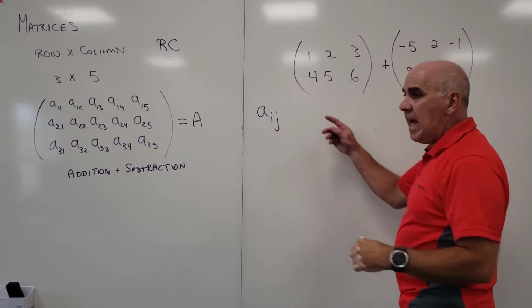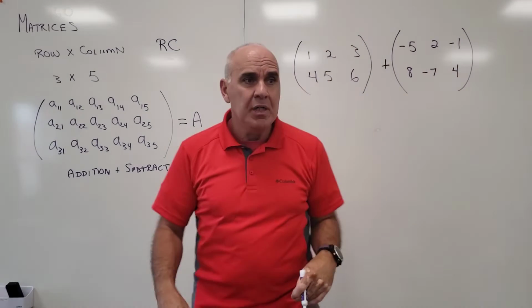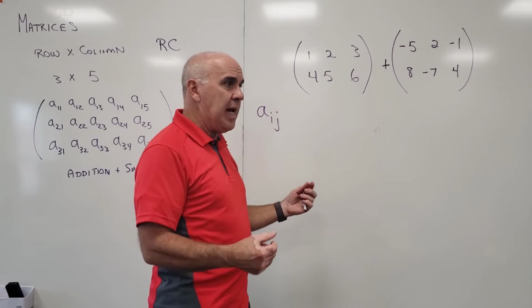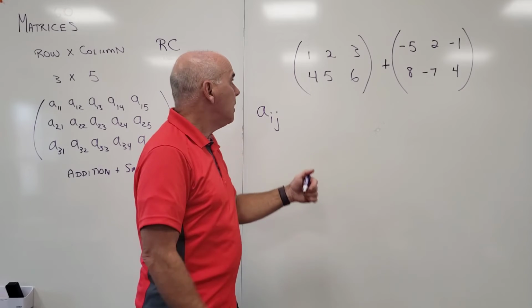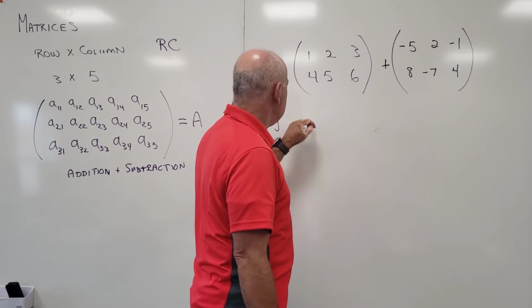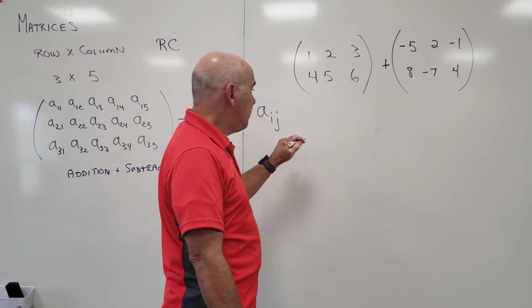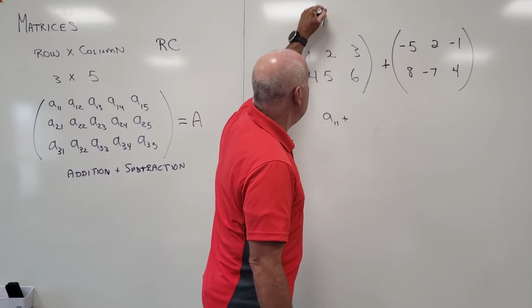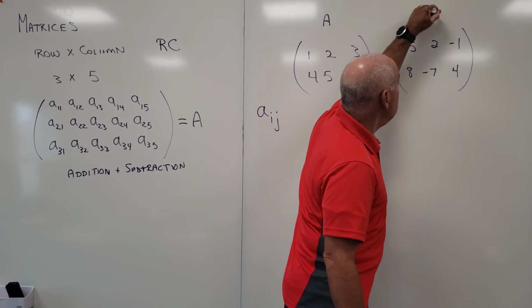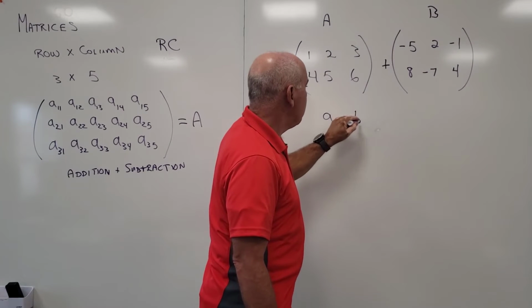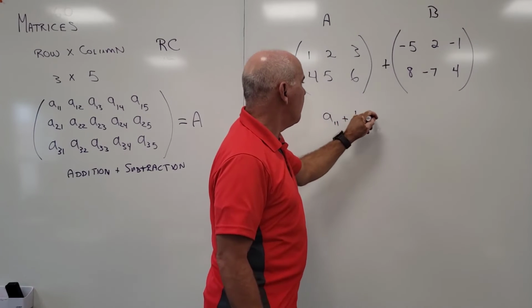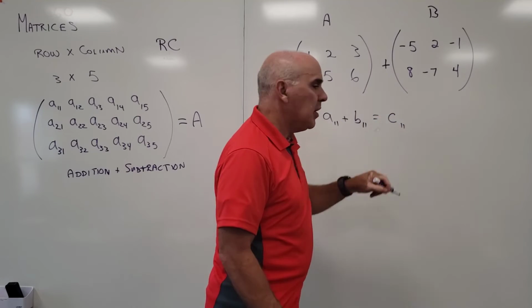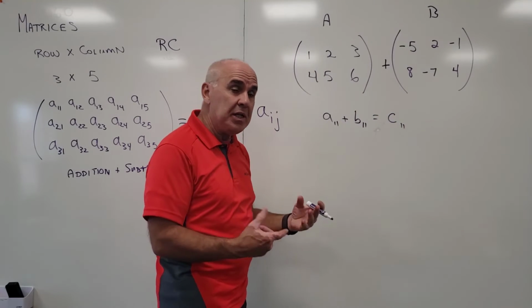Okay, and we want to add these 2 matrices together. Well, the way you do this is you add each corresponding element. So I'm going to add, I'll use my A sub ij notation, A11 plus, let's say this is A and this is B. So I'm going to add A11 plus B11, and that's going to go into C11, where C is the matrix, that's the combination, right?